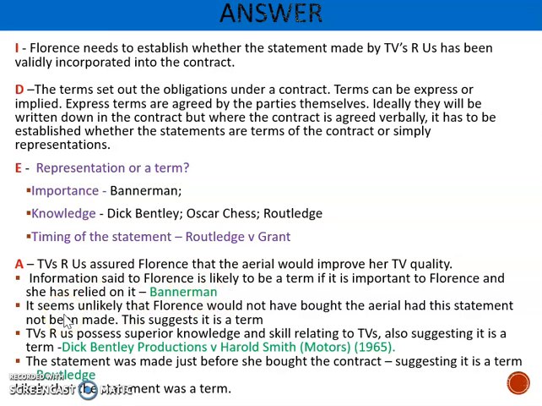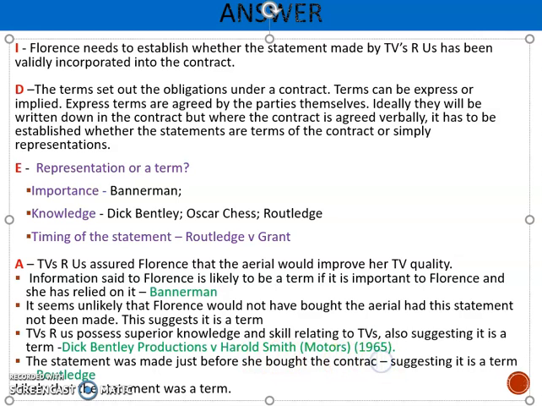And I've said it seems unlikely that Florence would have bought the aerial had this statement not been made, suggesting it's a term. TVs R Us possess the superior knowledge and skill, again suggesting it's a term, so you can apply Dick Bentley there.